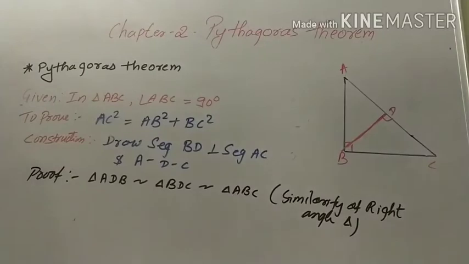Before this theorem, we proved the similarity of right angle triangle. So triangle ADB similar triangle BDC and triangle BDC similar triangle ABC.